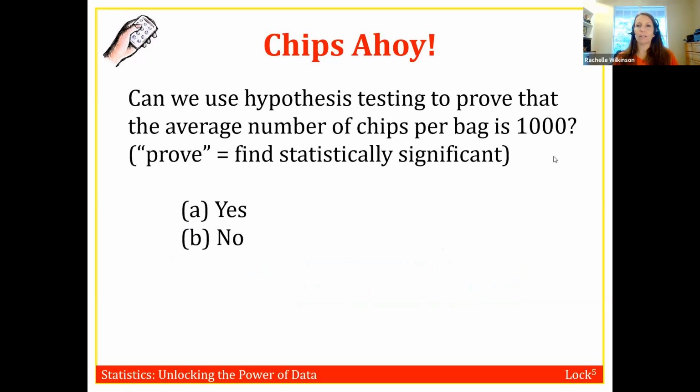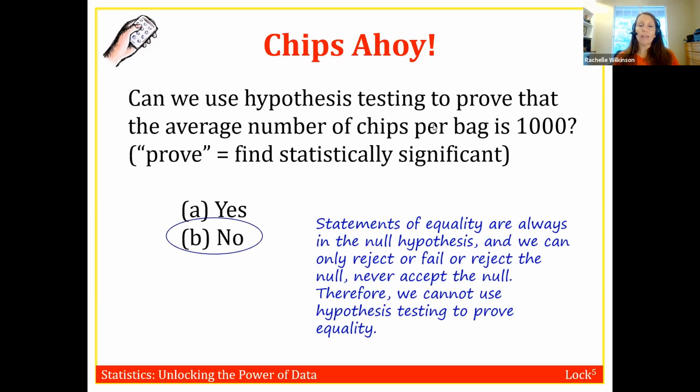Okay, so here's another one. Can we use hypothesis testing to prove that the average number of chips per bag is equal to 1,000? Another kind of tricky question here. The answer is still no. Remember that we can never prove that something is equal to something. So we never prove the null hypothesis.